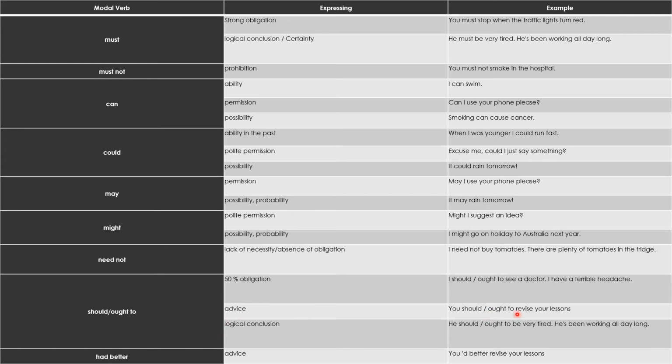And then advice: you should or ought to revise your lessons. For expressing advice, whenever you are advising some persons, you can use should or ought to. And the logical conclusion: he should or ought to be very tired, he has been working all day long.